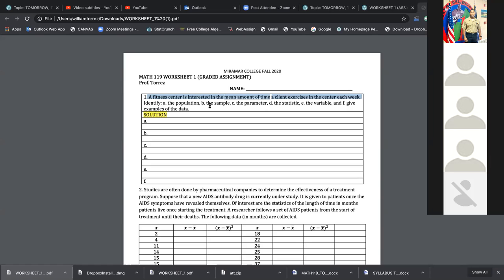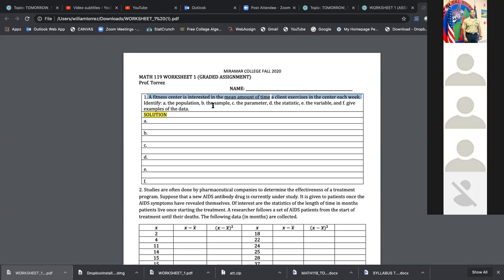Some of you belong to fitness centers and have been going to the fitness center. Many of them are closed now, unfortunately, but before the pandemic, many of us visited the fitness center on a weekly basis. So the population is all of the clients, isn't it?